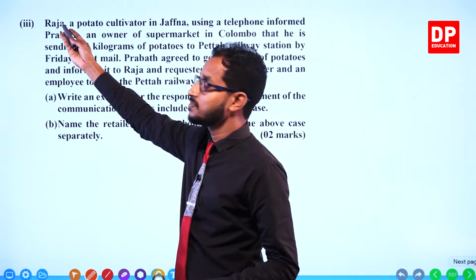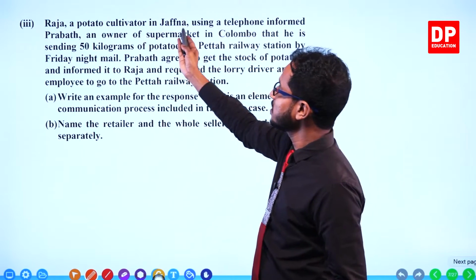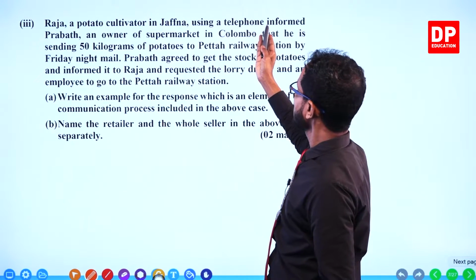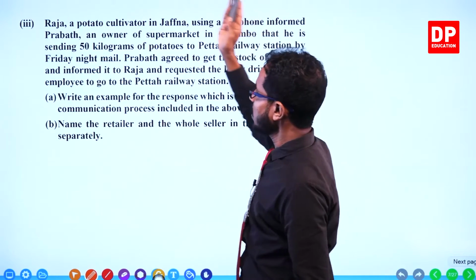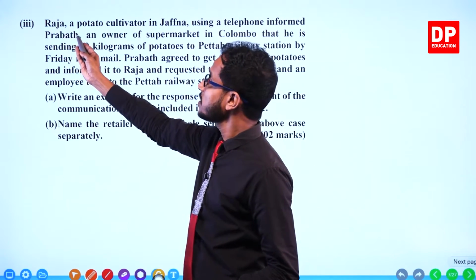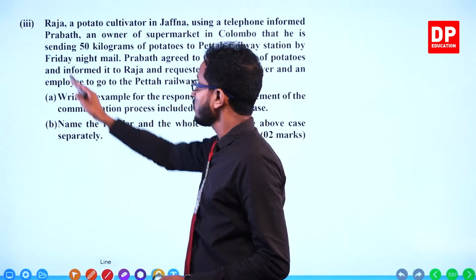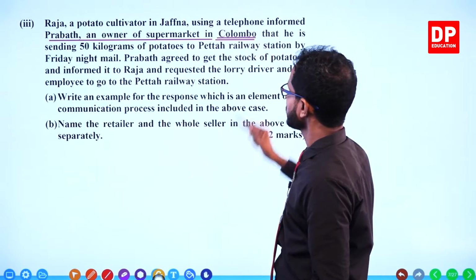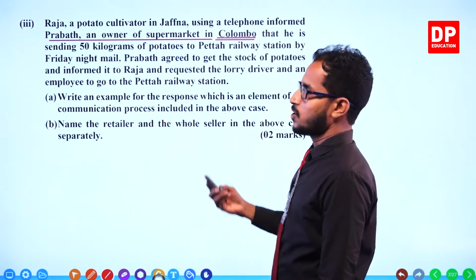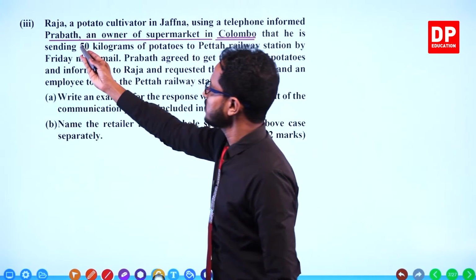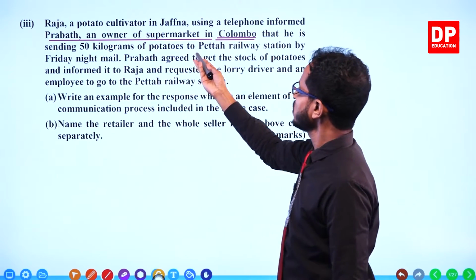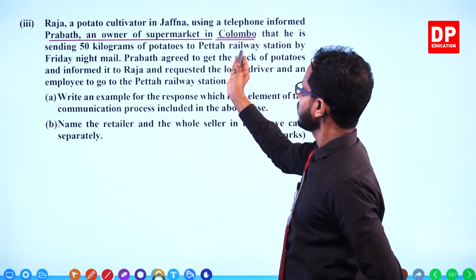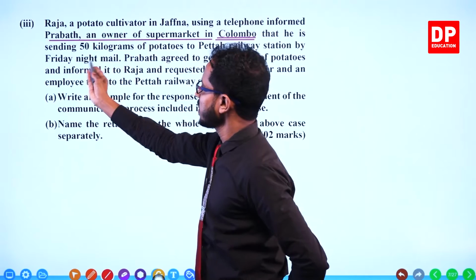Not Raja. Raja is the potato cultivator. He's using a telephone to call Prabhat. And Prabhat is the owner of a big supermarket chain in Colombo. Raja is sending 50 kilograms of potatoes to Peta railway station by Friday night mail.